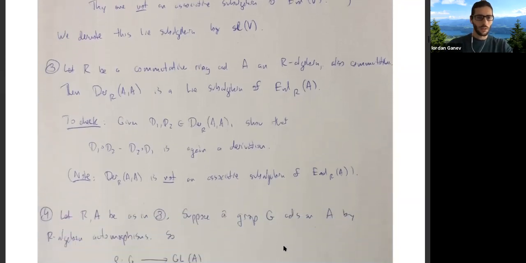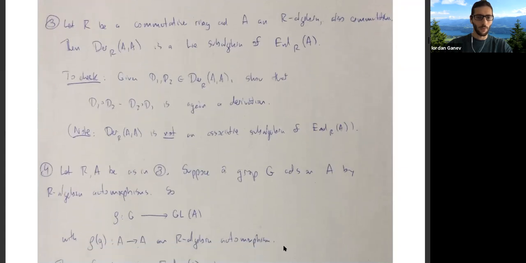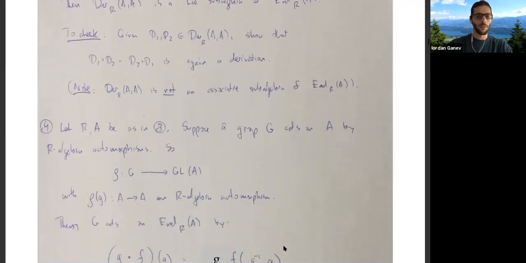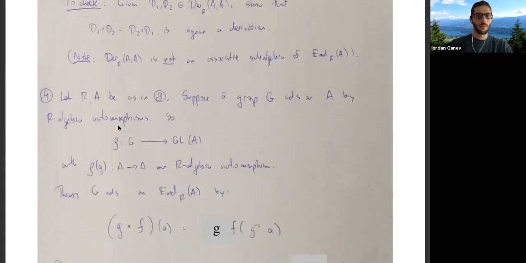Okay, so let's elaborate further on this example. Let's say we have R, again a commutative ring, and A an R algebra. And let's suppose that a group G acts on A by R algebra automorphisms.